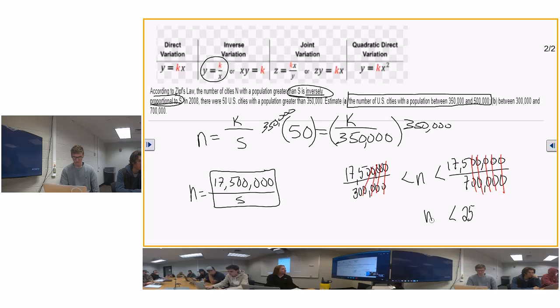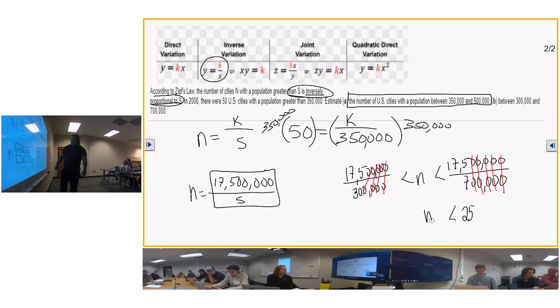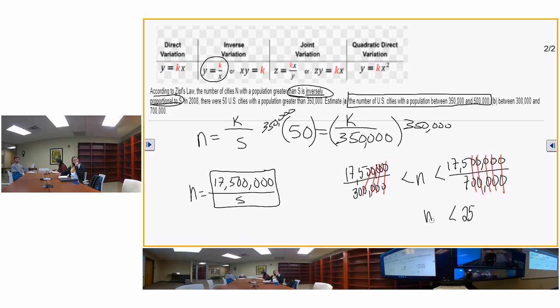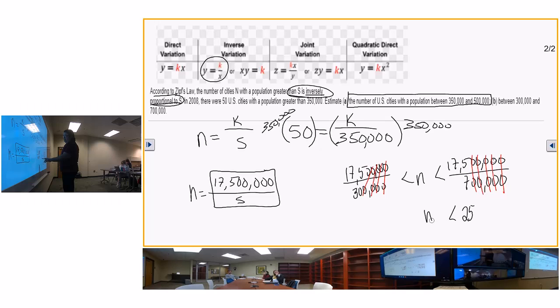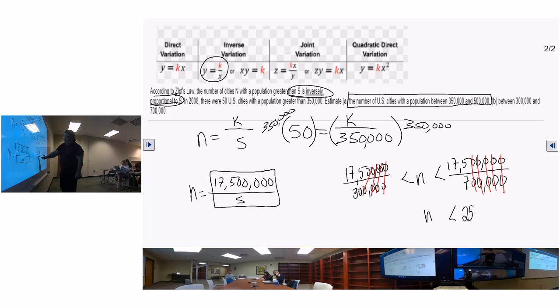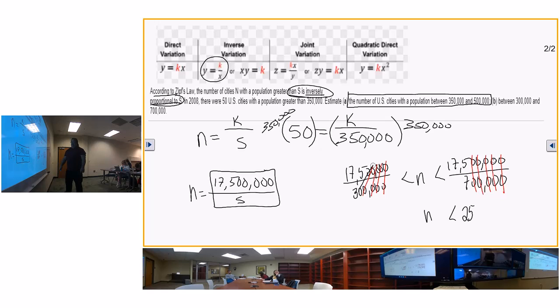Yeah, 58.3. I must have took out too many. Hold on. No, that's right. There's five zeros and five zeros. It's 175 divided by 3. Is that the same? Yeah. 58.3. Okay.